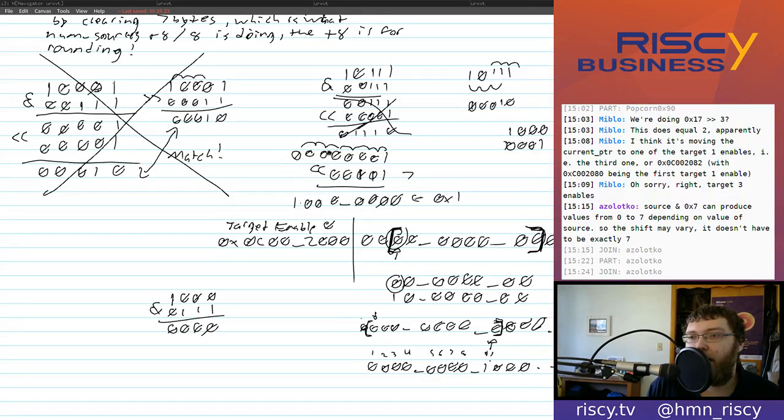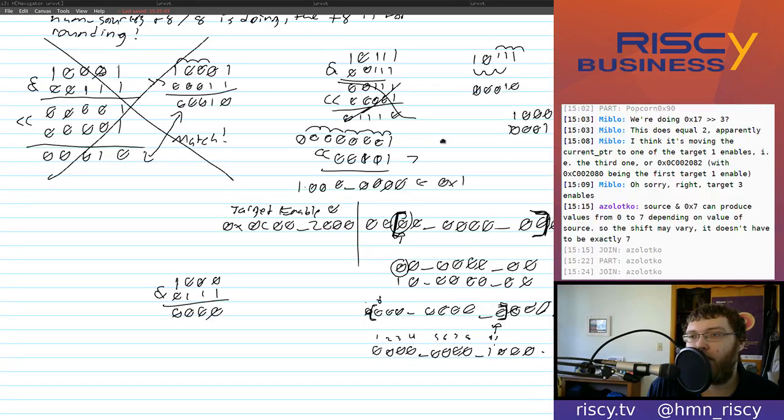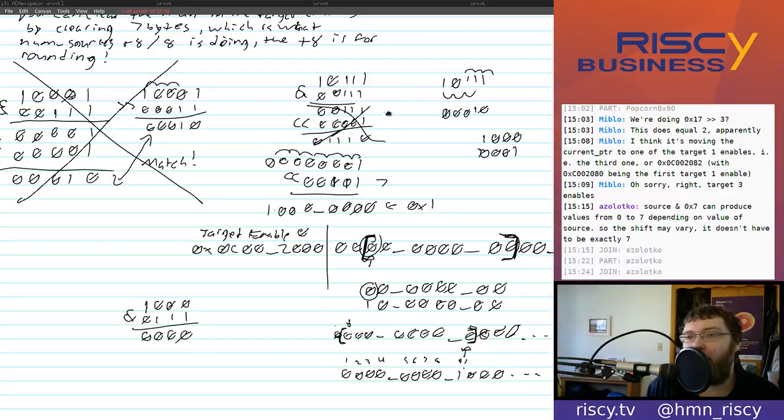And then we're doing our 1 shifted by 17 and 7. And 17 and 7. Oh, I think I made a mistake in the shifting, maybe.